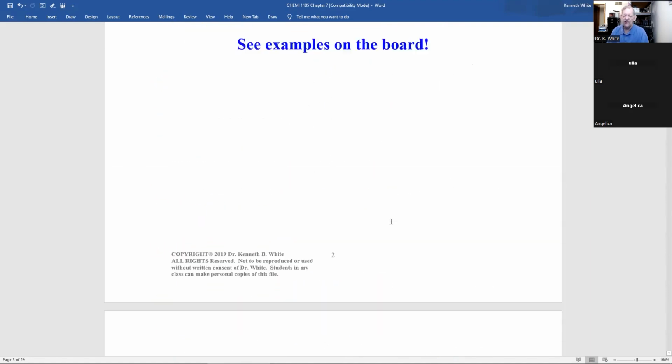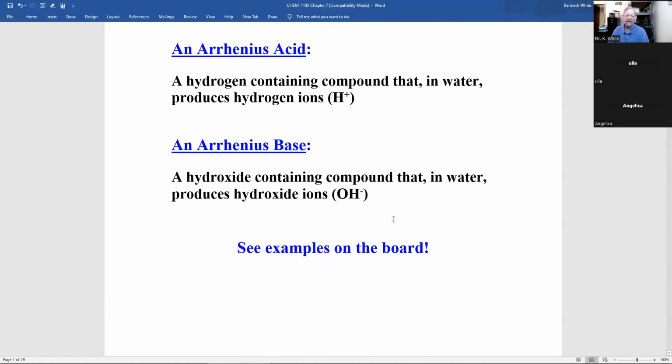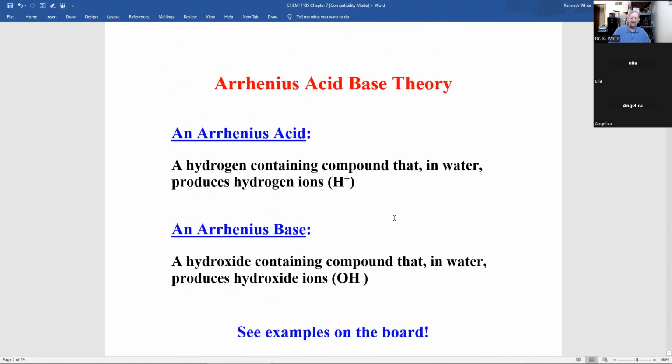Now, if we go back and look at the Arrhenius acid and base theory, notice it says something important: in water. The only time you can use this is if you're dealing with a solution in water. It turns out in chemistry, a lot of times you're not in a solution of water.